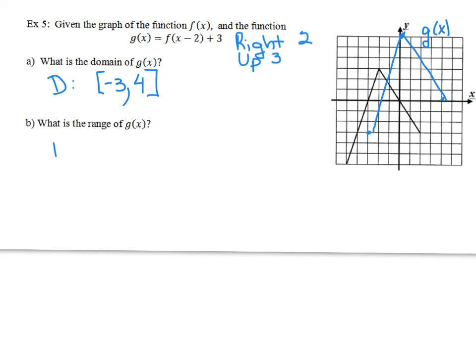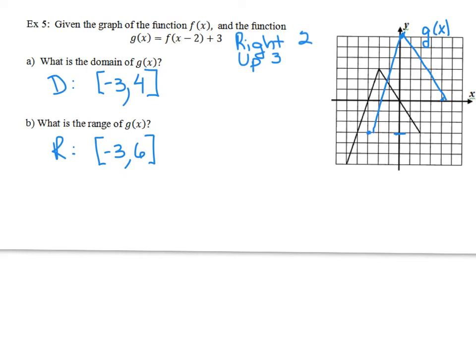For the range, again, I'm looking at the blue graph, so I'm going to go from a y value also of negative 3. That's just because on my y-axis, my lowest point is at negative 3, but my highest point is located at 6, so therefore my range goes from negative 3 to 6.